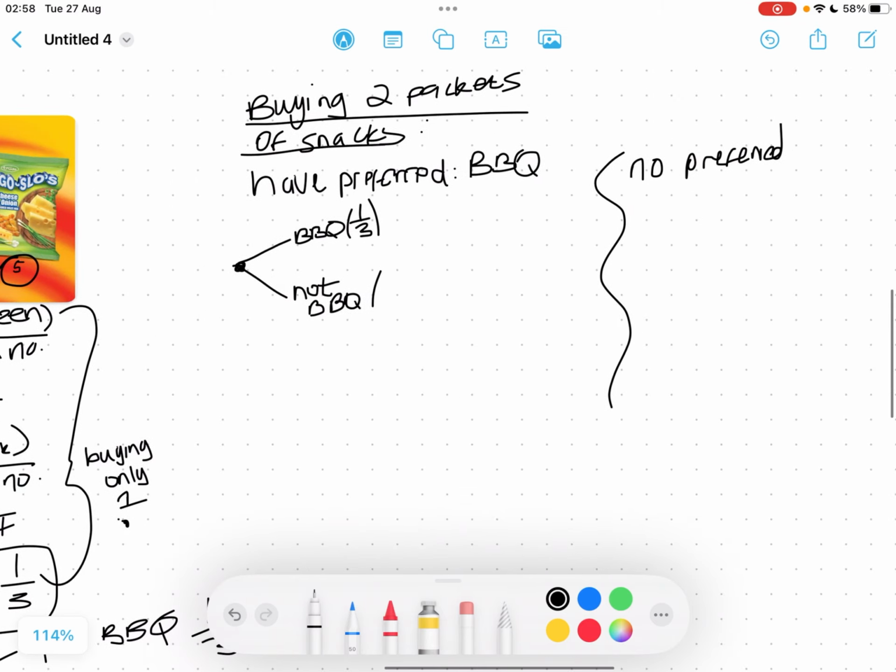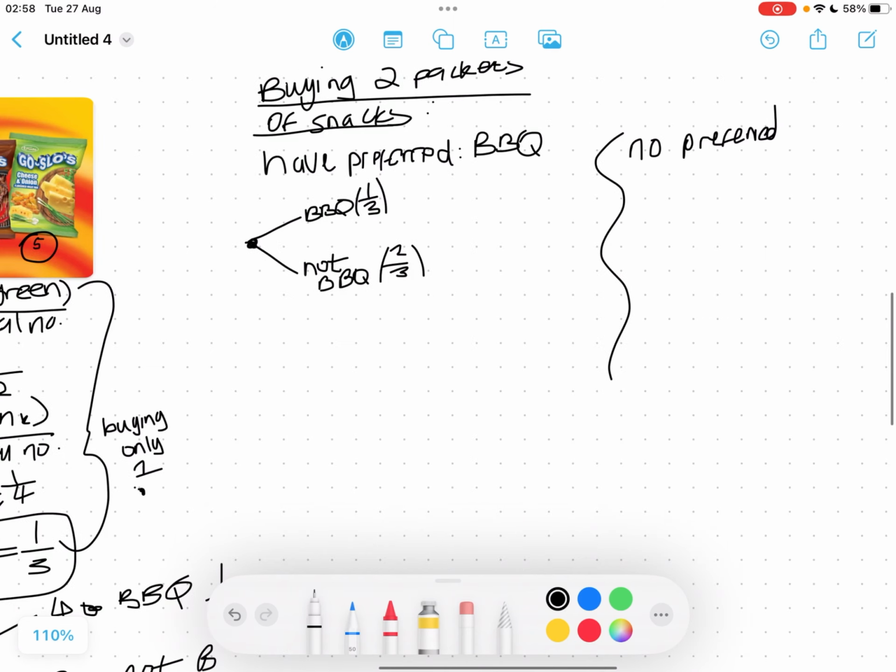So look at this, 2/3. Can you see that this whole probability, if I were to accumulate it, gives me 1? So 1/3 plus 2/3 is equal to 3/3, which is 1. Do you see this? This is very important to know, because with tree diagrams, everything you have, all options, must add up to 1.